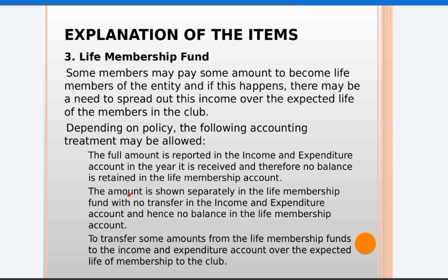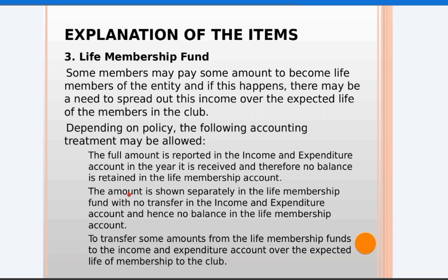You may decide to treat this amount as a fund, as a separate item, the life membership fund. The life membership fund should be treated as a liability in the balance sheet.